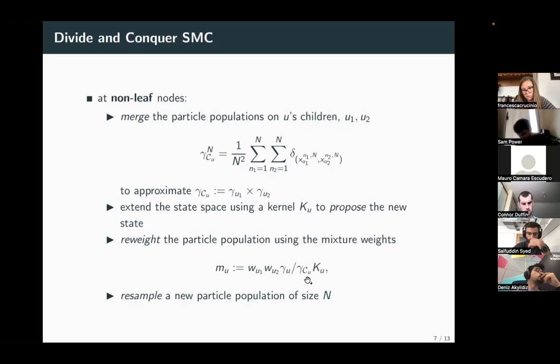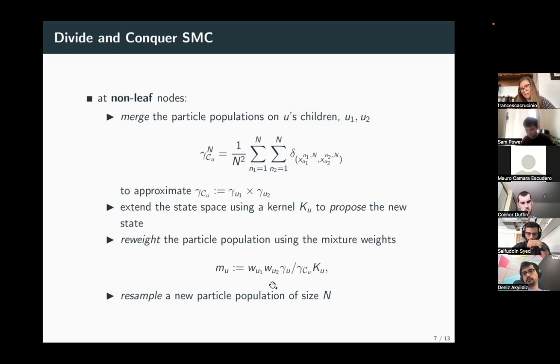What these weights do is that they take the product of the marginals to which we apply this kernel, and they measure the distance from the product to the joint. So in a way, this is an empirical version of what copulas do.